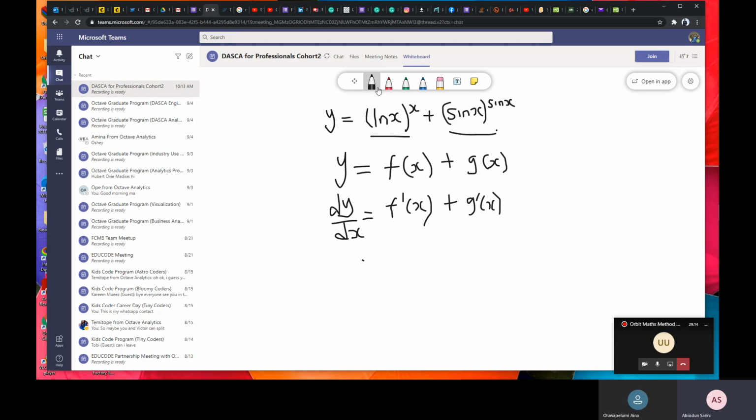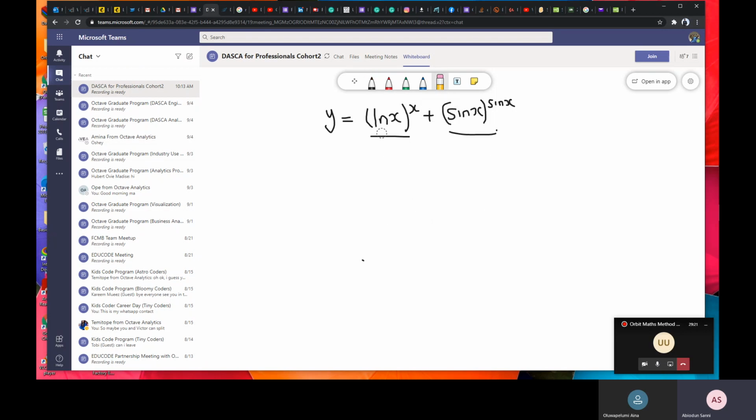So we will differentiate them separately. Let p be (ln x) all raised to power x.